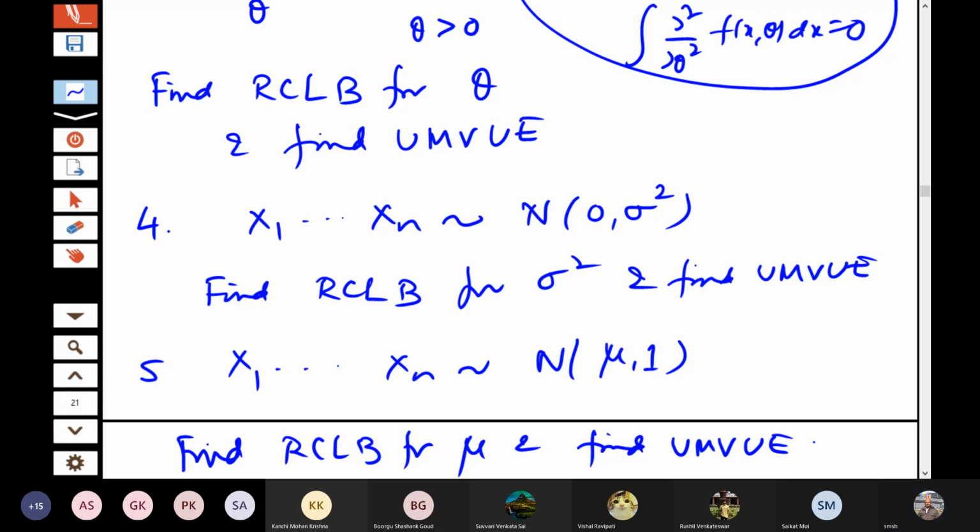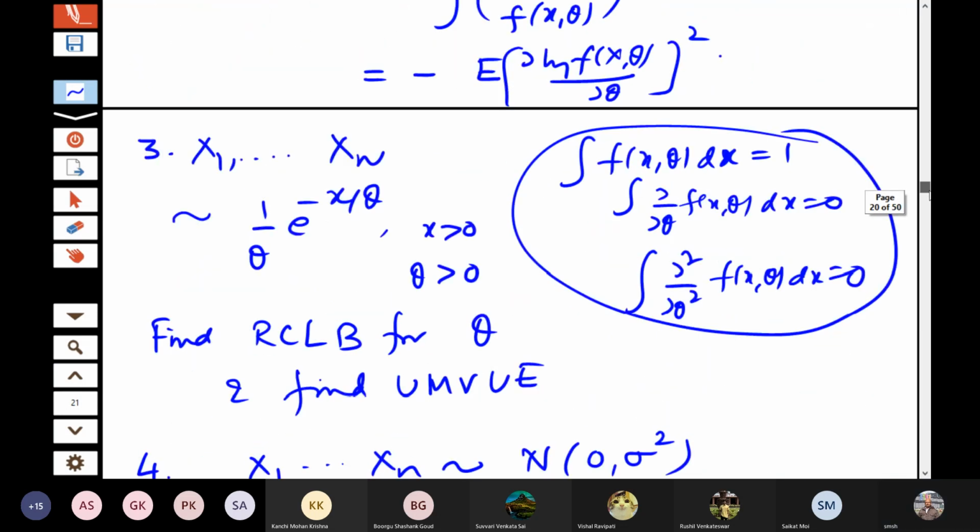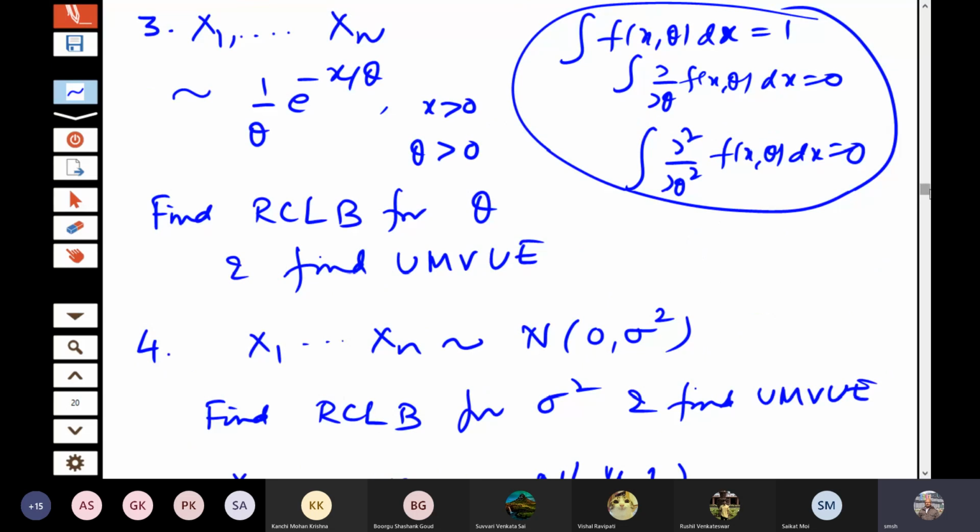Okay, so let me ask, have you obtained the lower bounds for these problems? Let me ask the exponential first one.